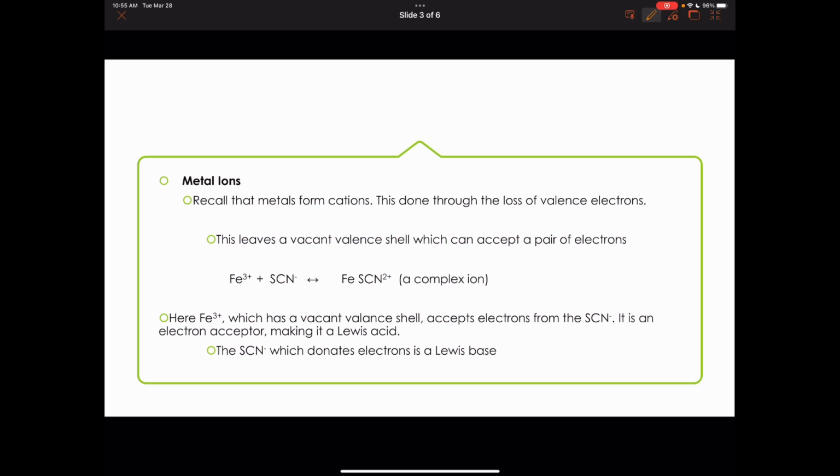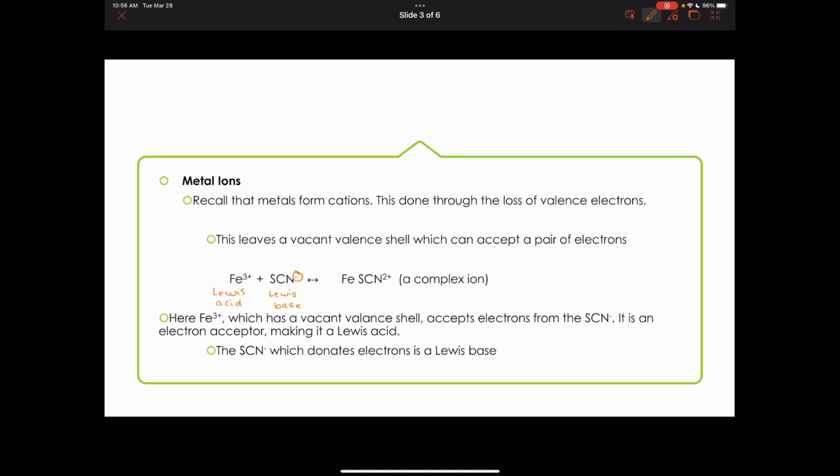In this case, we've got the Fe3+ interacting with this SCN-. The Fe3+ has lost its valence electrons. It's going to be a Lewis acid. It's got a vacant valence shell that can accept. My SCN-, if we were to draw out its dot structure, has all kinds of lone pairs. So that SCN- is a Lewis base. That negative very often means you've got extra lone pairs that can be donated to form bonds.